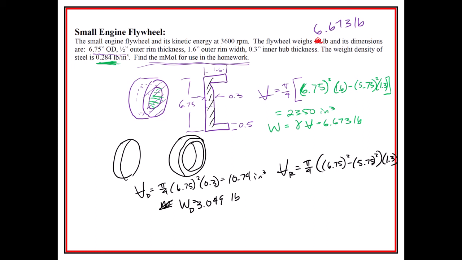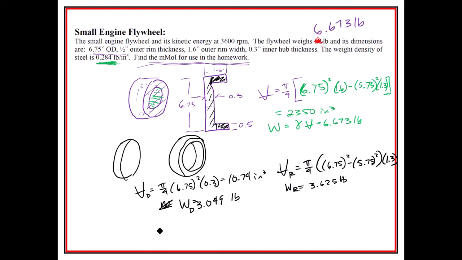And so why is it 1.3? Because we want only this part right here. We don't want to go all the way to the front end, so it's not times 1.6, and that ends up being 3.625 pounds. And I sure hope that they add up to the other thing. That's the weight of the ring.